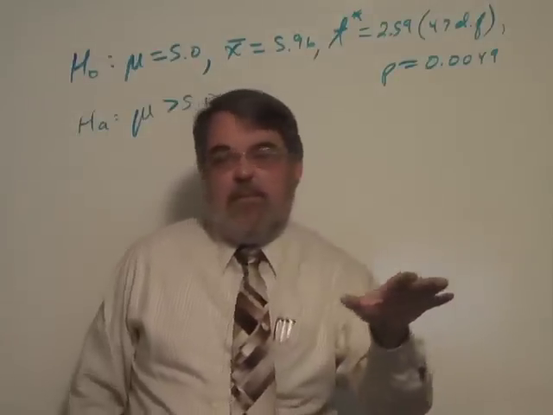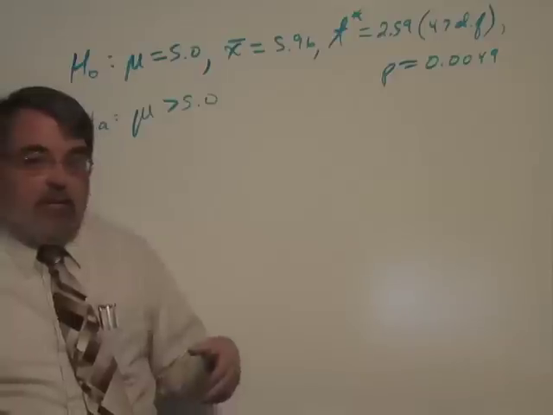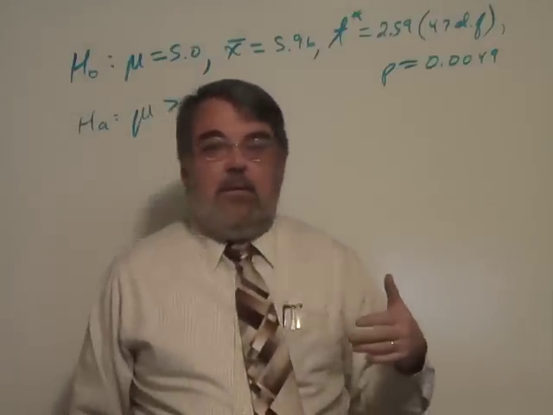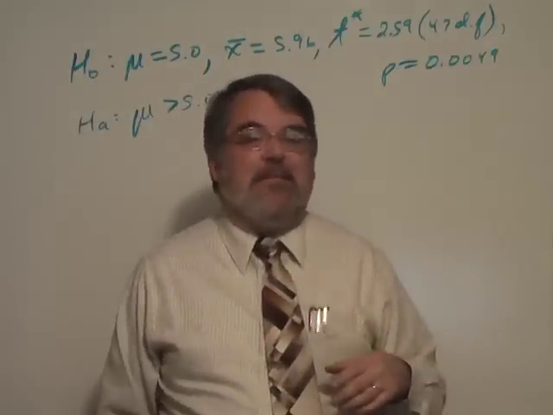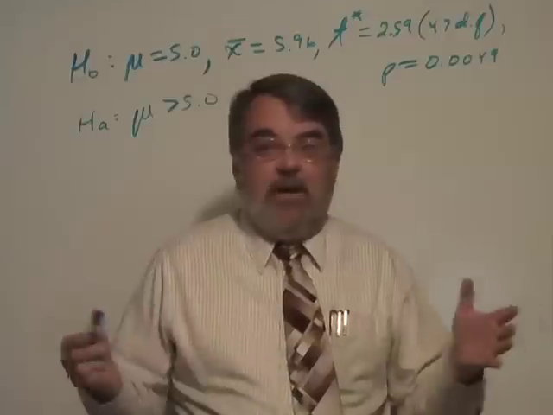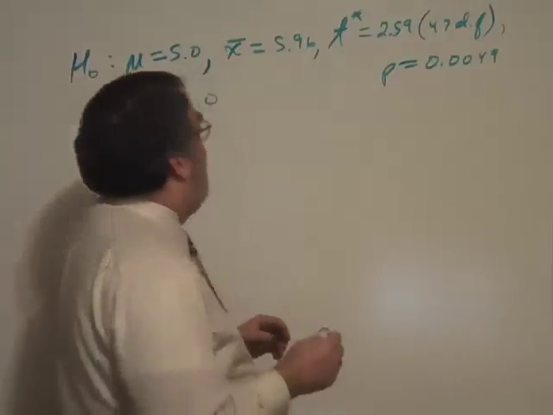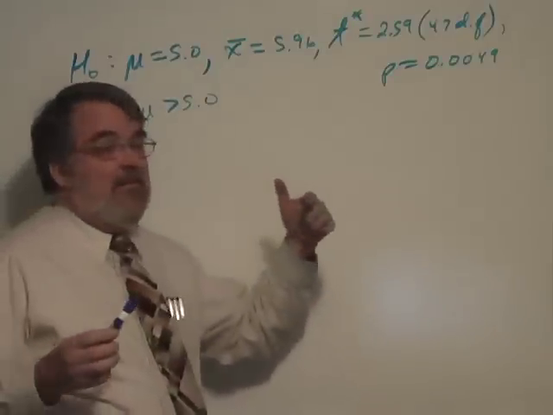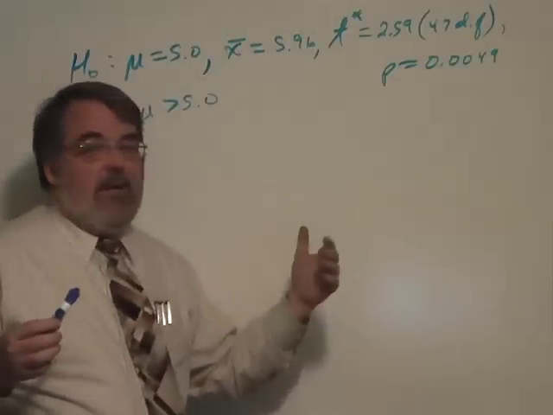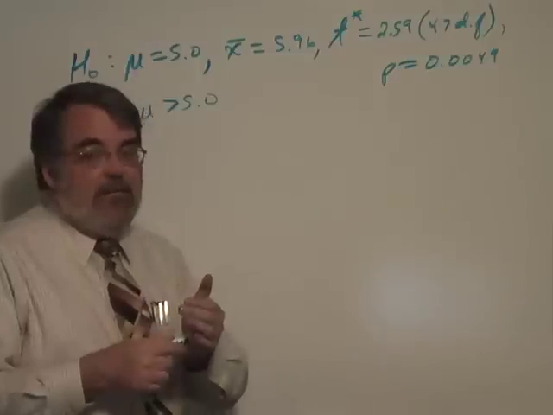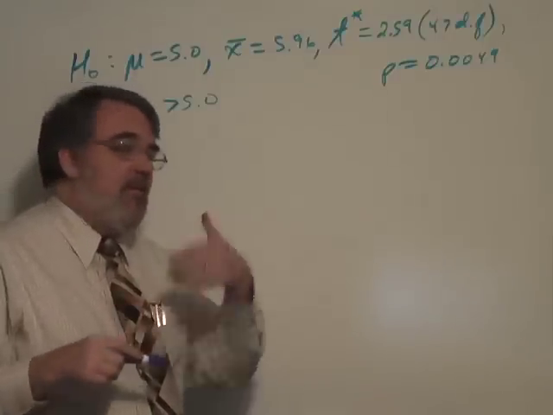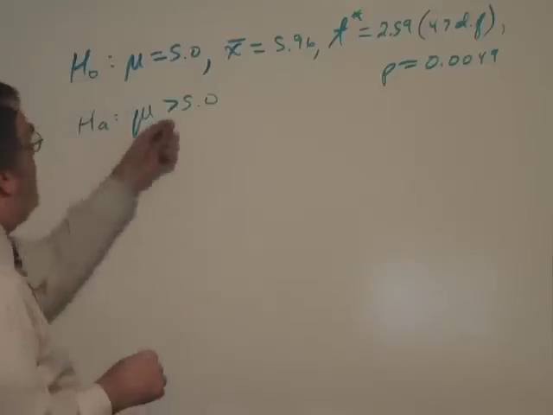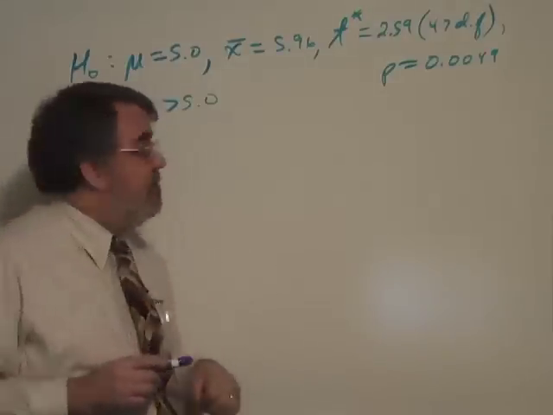If they're not up to 5.0 on average, then we're not going to use them. They're heart valves. All right, I'm the manufacturer. I'm going to make a claim that my artificial heart valves, the speed of blood flow is always going to be greater than 5.0. Do I have enough evidence to show that?